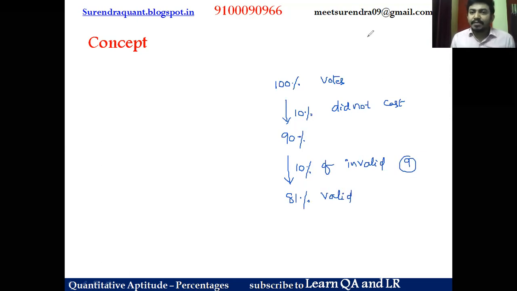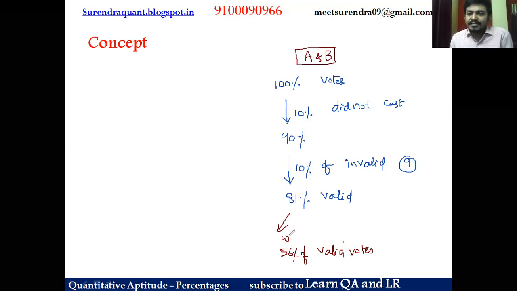Now from this 81%, the winner will receive some percentage of votes, and the loser will get some other percentage of votes. For example, if I say that the winner got 56% of the valid votes, only two participants are there. Let's take them as A and B. Now, if 56% of the valid votes come in favor of A, so 56% of 81% of the valid votes A will get.